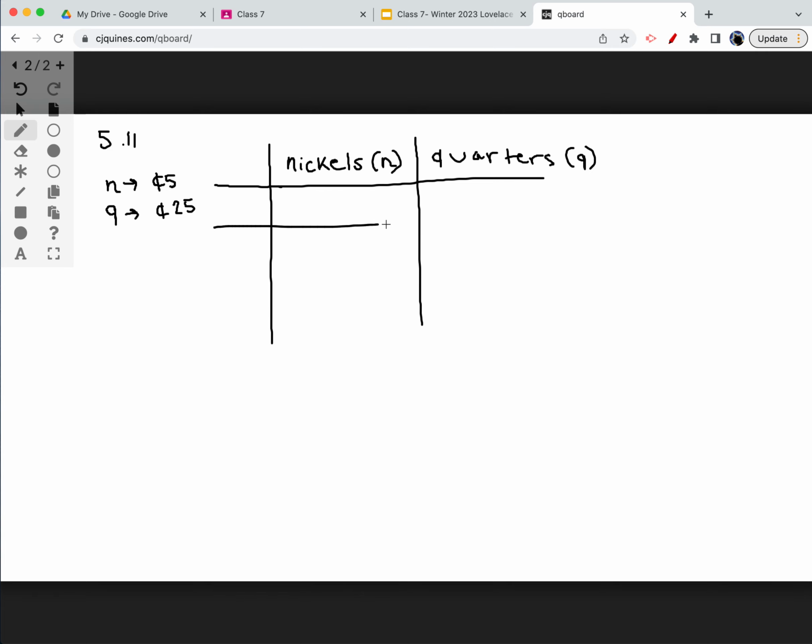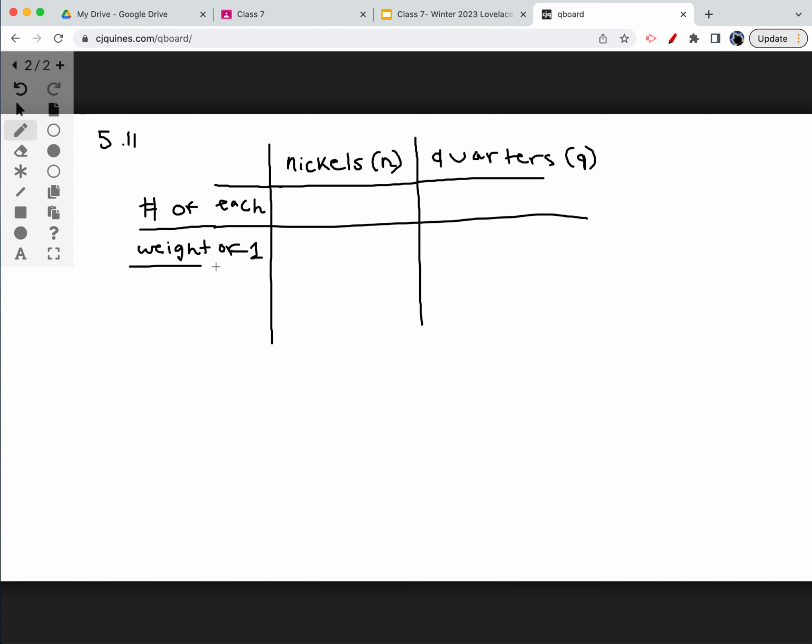So in the table, we're going to put the number of each. So how many nickels we have goes here, and how many quarters we have goes here. Then we have the weight of 1.